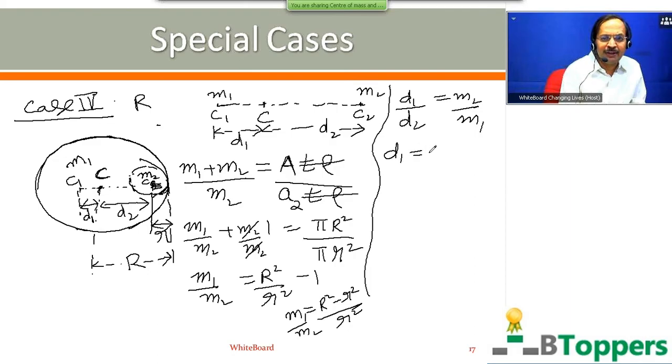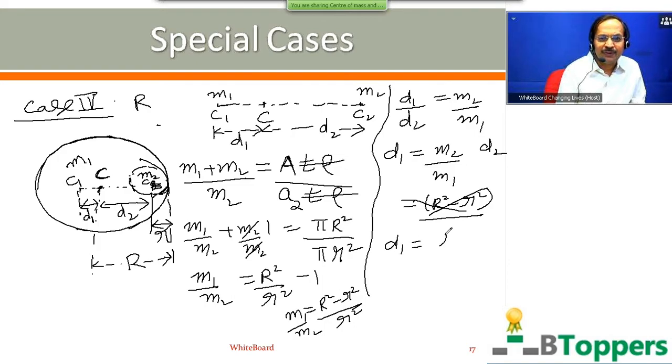From this, D1 can be written as M2 by M1 into D2. M2 by M1 you can write as small r square by capital R square minus small r square, into D2.